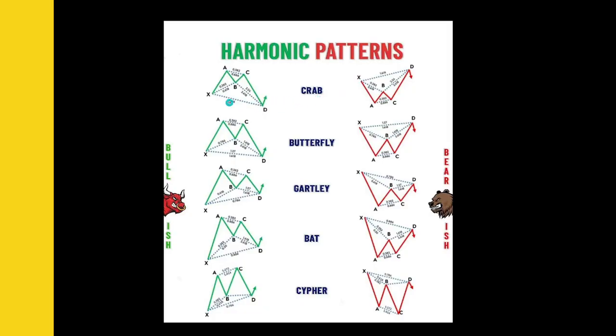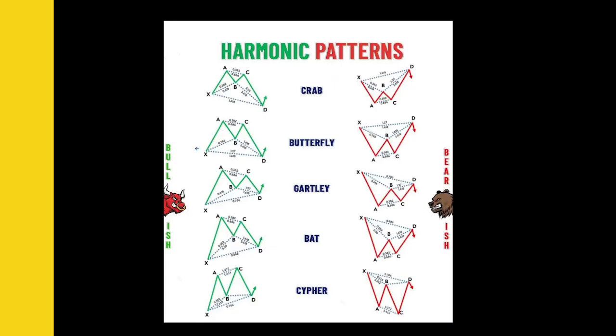But if you just look for an M or a W or these shapes, it is much easier to find them, and from there it is also much simpler to identify the crab or the butterfly or the patterns that come out from the main shape.